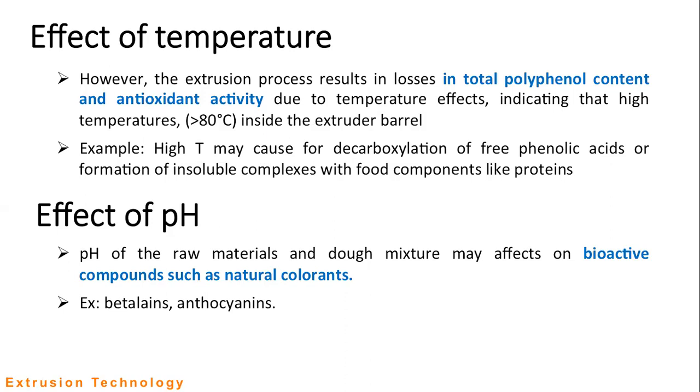Regarding the effect of temperature and pH, as we discussed, the nutritional value of extruded food products is very low. As a result of the high temperature, the antioxidants and polyphenolic compounds, which are very important health-beneficial active ingredients available in the raw material, are affected.